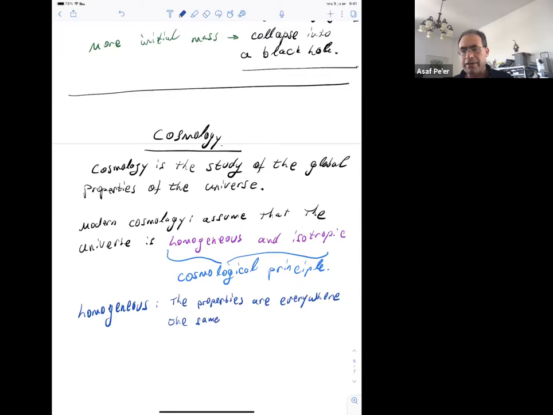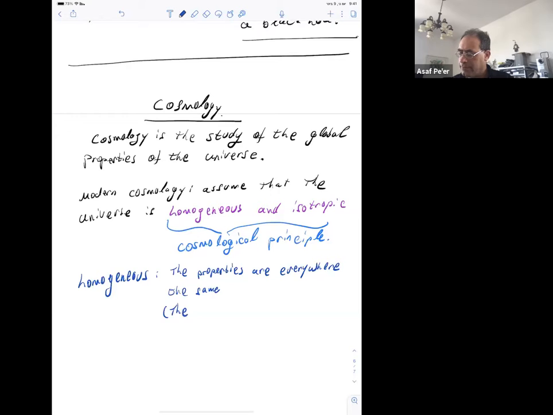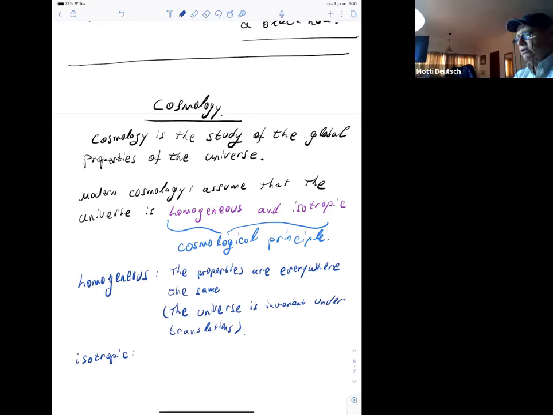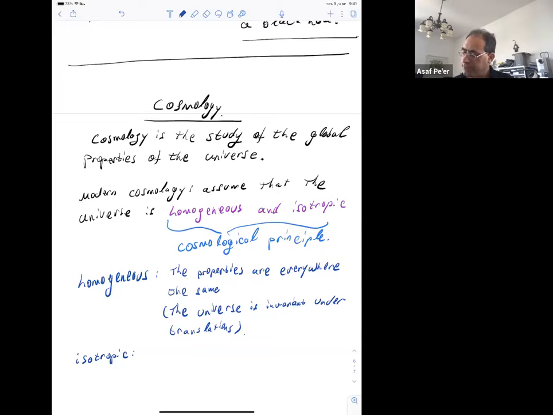Or in other words, we can say that the universe is invariant under translations. We want to be somewhat more mathematical. And when we say isotropic, it's independent of direction. It looks the same in each direction.